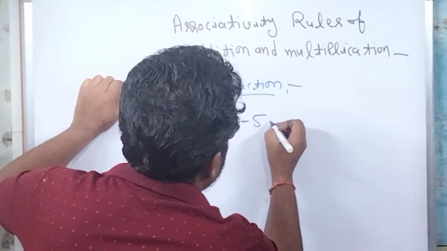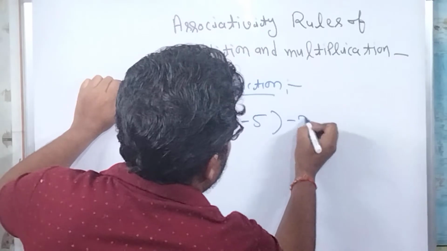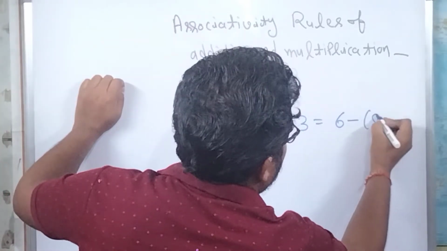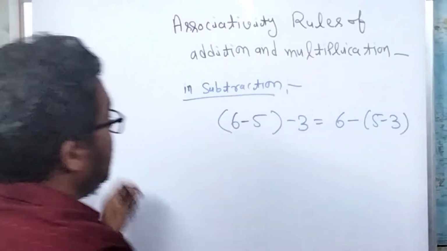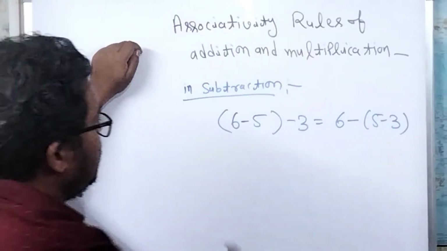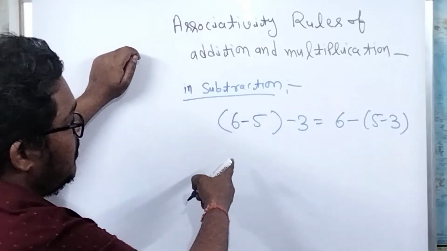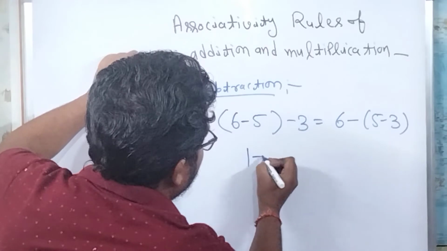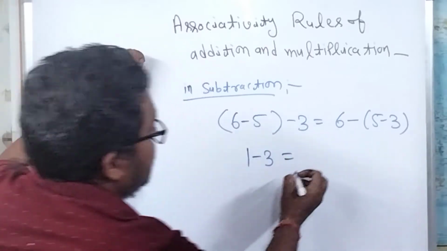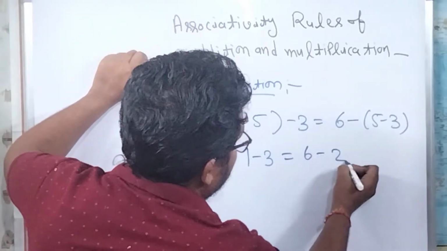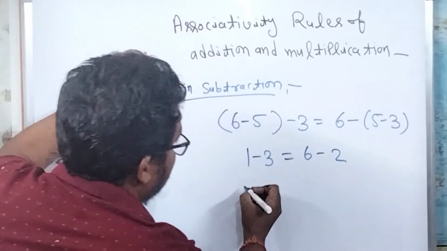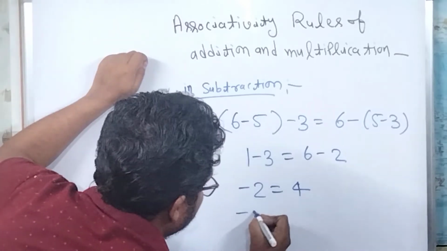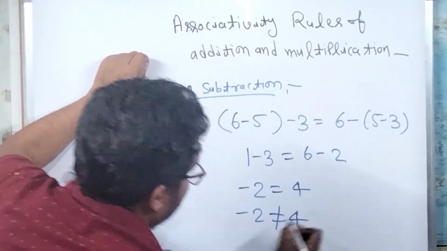(6 - 5) - 3 is equal to 6 - (5 - 3). Here we open the small bracket: 6 minus 5 is 1, minus 3 is minus 2, and here 6 minus 2 is 4. Here we see that this value is minus 2 and this value is 4. Then we see that minus 2 is not equal to 4.